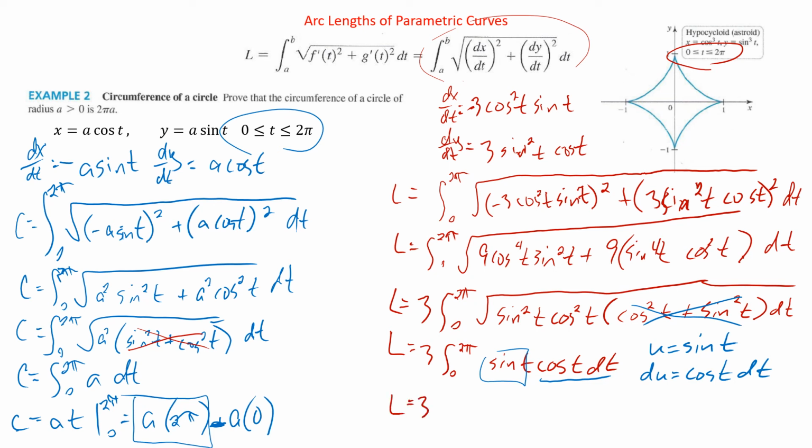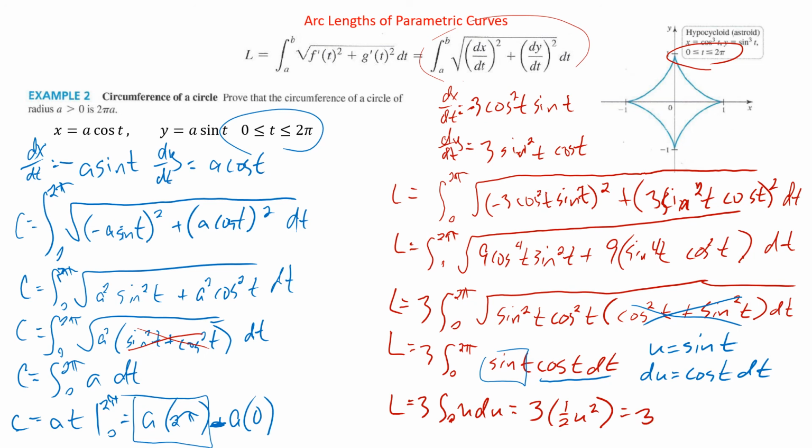So L equals 3 times the integral of u du, which will be 3 times 1/2 u squared, which we can substitute back in, u as sine.